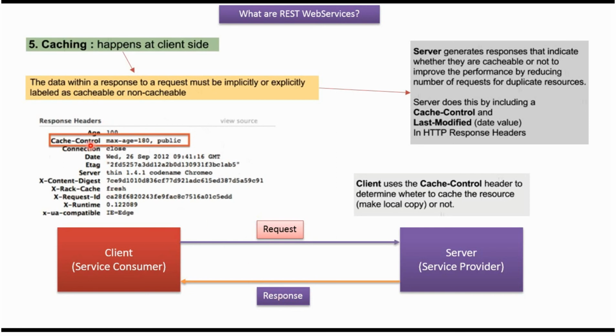Here you can see the cache control, and max age is 180, meaning it indicates the client should cache the response on the client side. So caching improves the performance by reducing the number of requests for duplicate resources. And also it makes sure the communication between client and server is stateless.